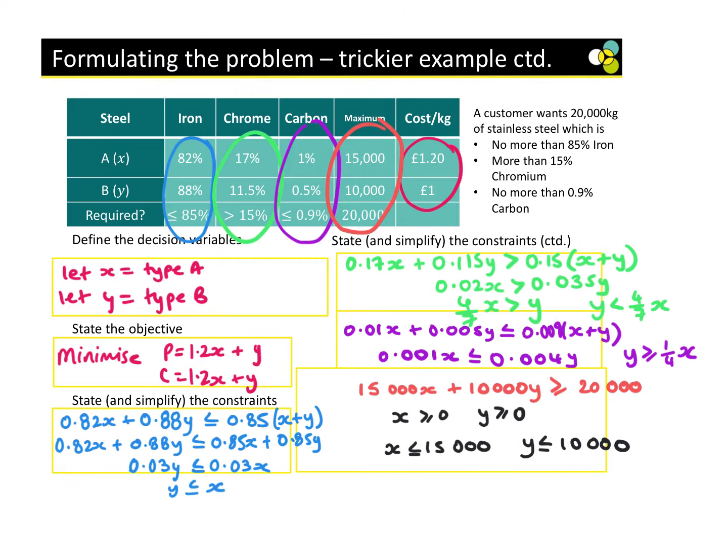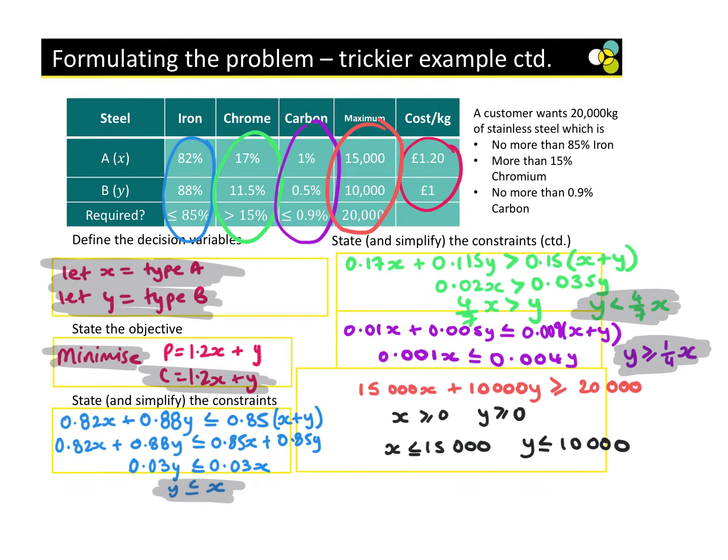So I'm going to highlight what you have to write. So we've got our minimizing our cost. Okay, we've got our decision variables. So we've got our first, y is less than or equal to x, okay? The second, y is less than 4/7x. The third constraint, y is greater than or equal to 1/4 x.